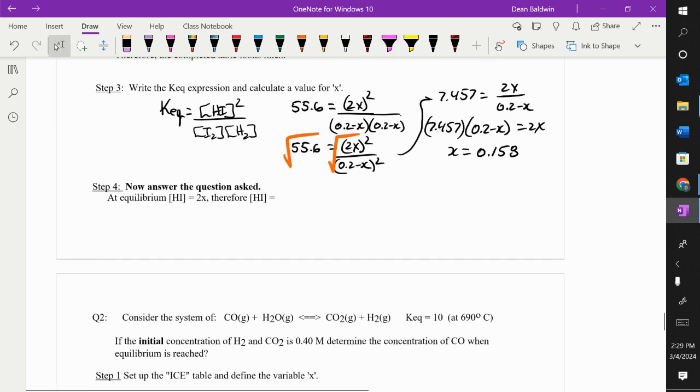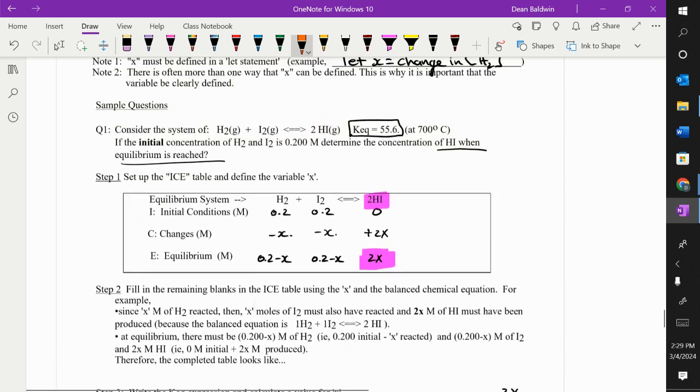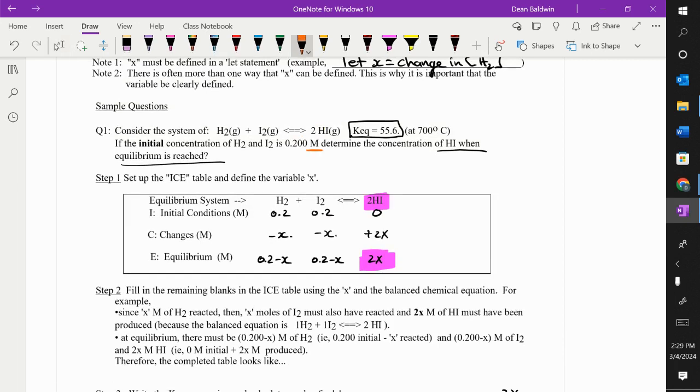So the concentration of HI is 2 times 0.15. What units is this in? It's not quite moles. It's going to be molarity. You can use molarity in your ICE table because everything is contained in the same volume. If these are all in molarity, then this can be in molarity, because I didn't give you the volume of the container.